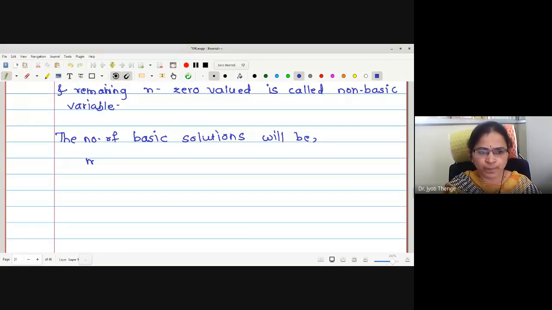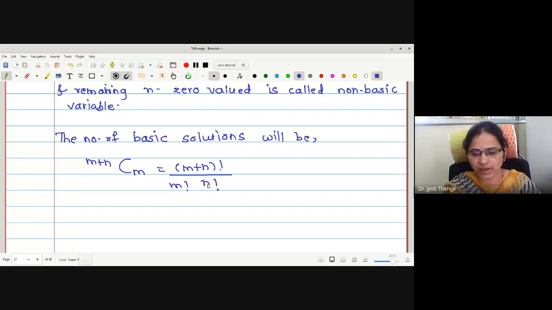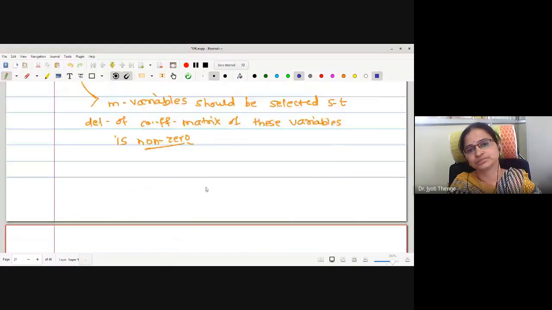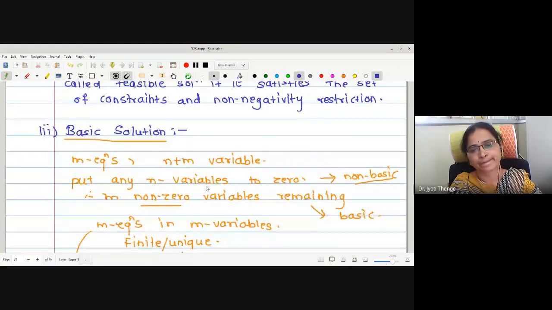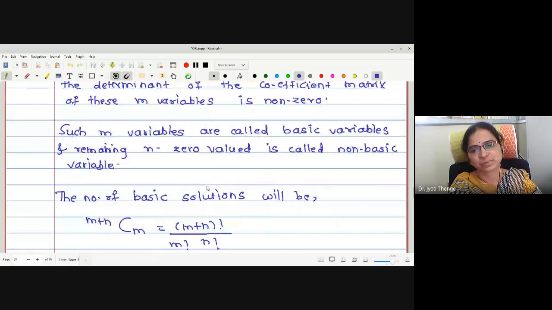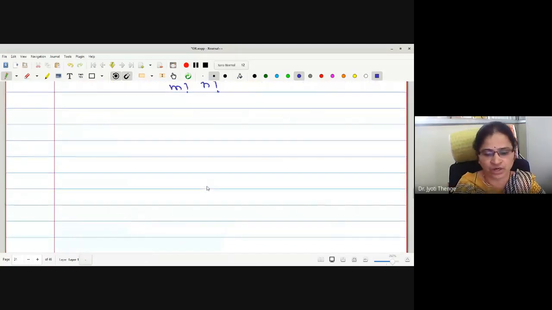Among m plus n, we have to select m variables. What is the value? It is (m plus n) factorial upon m factorial into n factorial, which is the combination of selecting m variables among m plus n variables. Any doubt in the basic solution? If you have a doubt, you can ask me.